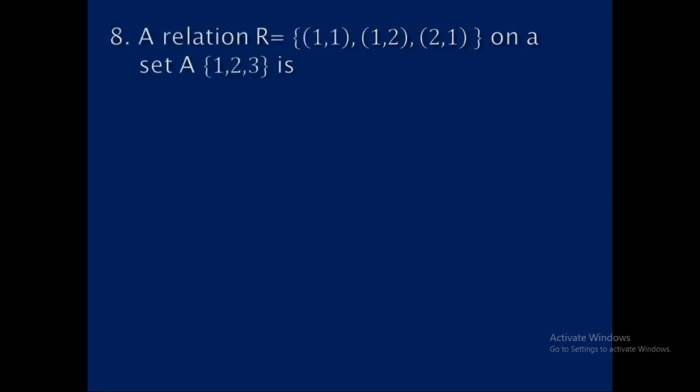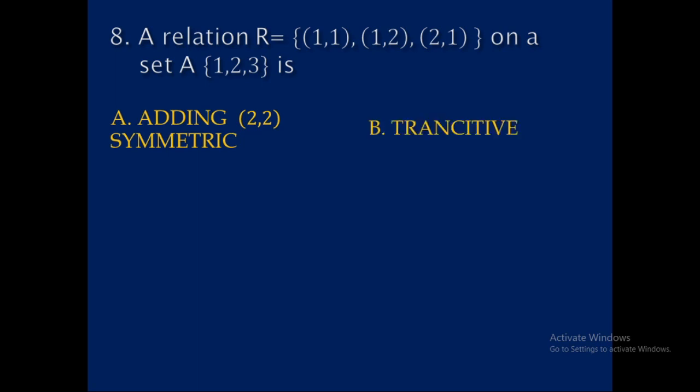8th question. A relation R has the elements ordered pairs (1,1), (1,2), (2,1) on a set A. A contains the elements 1, 2, 3. R is a relation on A. Then option A: adding the ordered pair (2,2), R is symmetric.